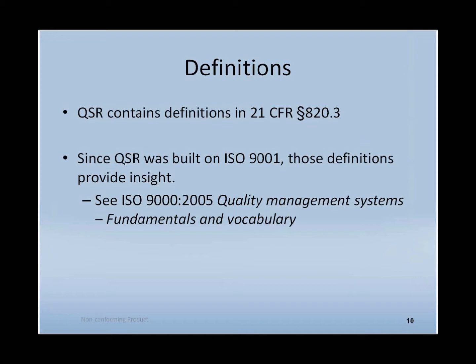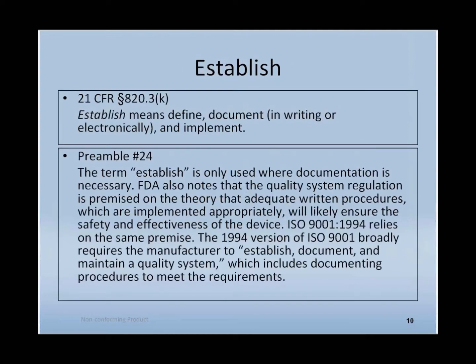Now, the document that has all of the defined terms is ISO 9000, and the most recent edition up until this week was the 2005 version. The new version got published this week in conjunction with the new version of ISO 9001. But we're going to use these older definitions.